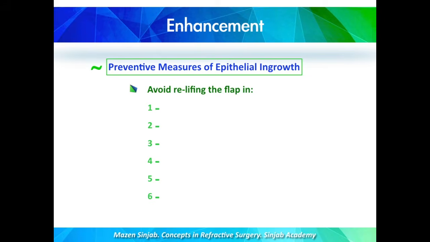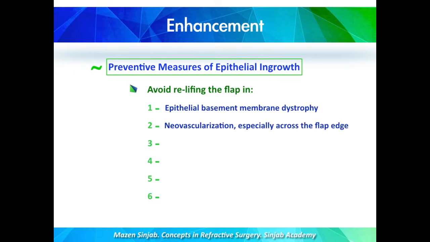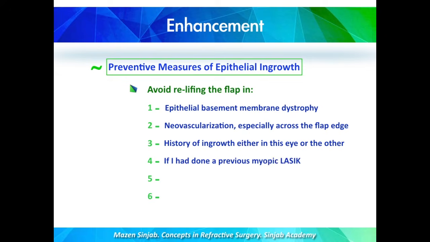What are the preventive measures of epithelial ingrowth? We have to avoid relifting the flap in epithelial basement membrane dystrophy, new vascularization, especially across the flap edge, history of ingrowth either in this eye or the other eye, if I had done a previous myopic LASIK, and difficulty in follow-up of the patient.